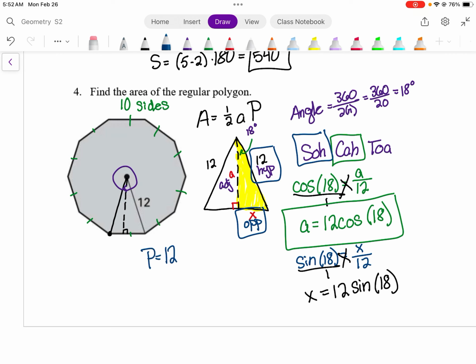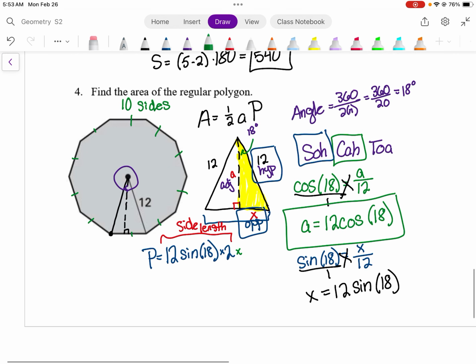So we're going to take that one piece, 12 sine of 18. We're going to first multiply that by 2, and that's going to give us the length of the side, or the side length. And then we're going to multiply that by the number of sides to get our total perimeter. And this one had 10 sides, so we're going to multiply by 10.